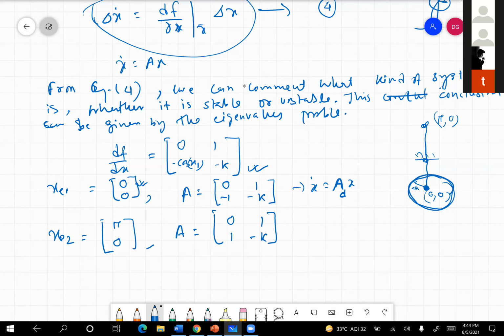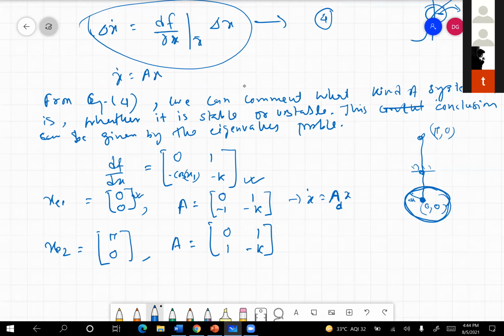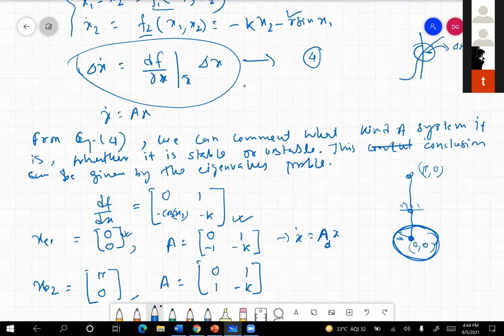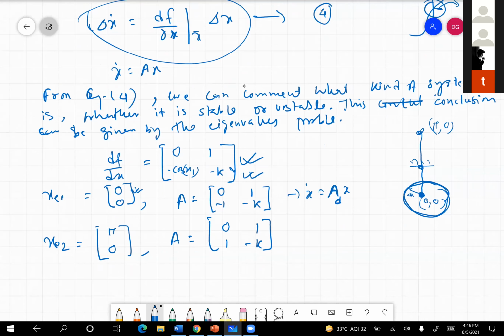If you substitute the pi and 0 in this equation, our A matrix is reduced to this form. Now, if I write the system about the vertical up position, I can write A of x. So this is the system for down direction. This is the system for up direction.